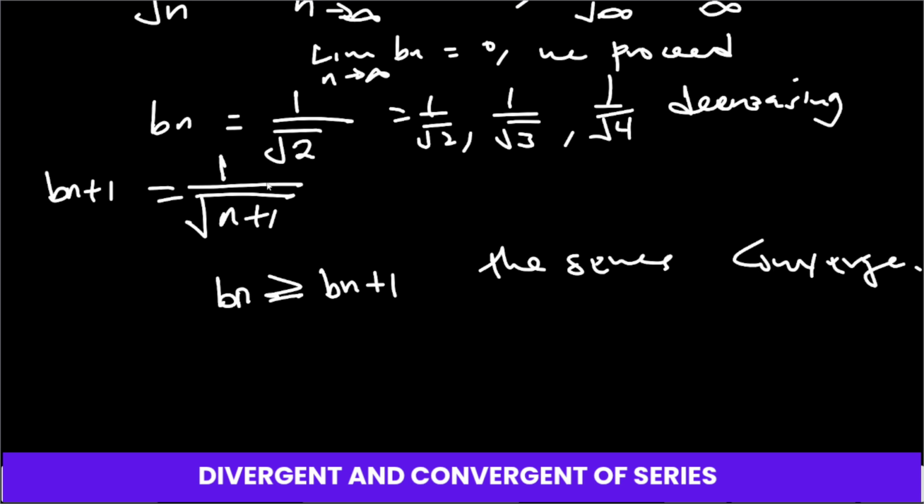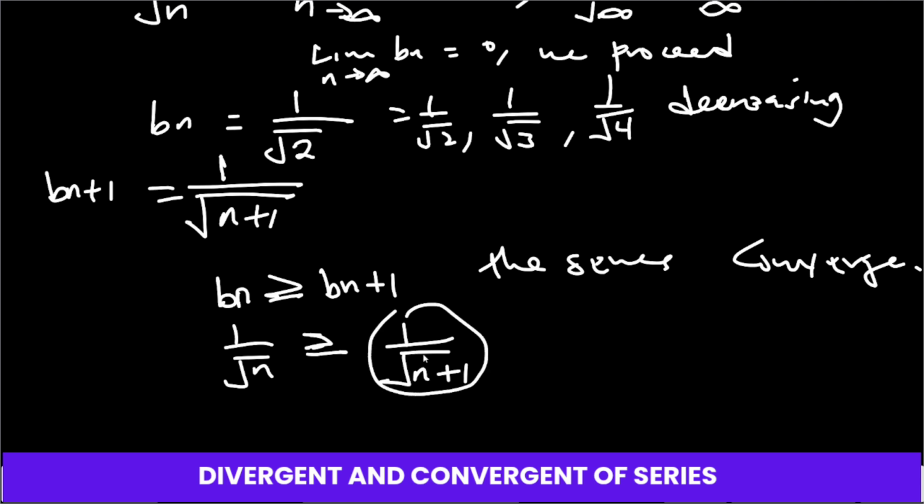So let's see. We can see clearly that the value of bn is the same as 1 over root of n, and it's actually greater than or equal to 1 over root of n plus 1, because this is an increased number we have added plus 1. So if you continue adding 1 to it, you realize that this one will keep on increasing, and if this one increases, it makes the overall function a decreasing value.